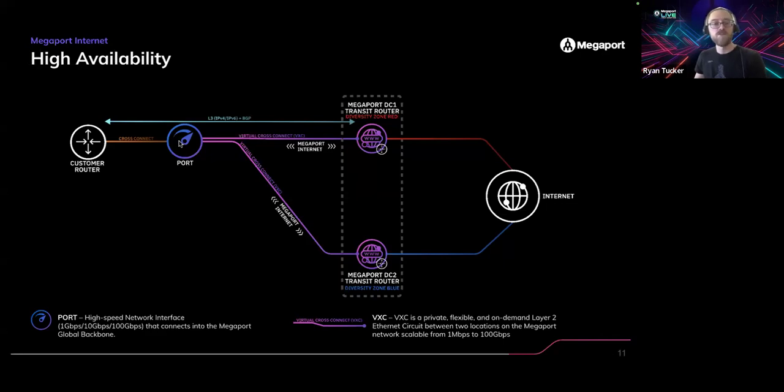So you can see there's the customer router plugged into one physical port and two internet connections coming off of that to the two different zones. So you're covered if there's a failure within one of the zones. You're covered if there's a failure of some of the Megaport internet equipment or anything like that. But you're not covered if there's a failure of this actual access point here where you're physically plugged into Megaport, because you're plugged in with one cable and there's obviously one device on the end of that one cable.